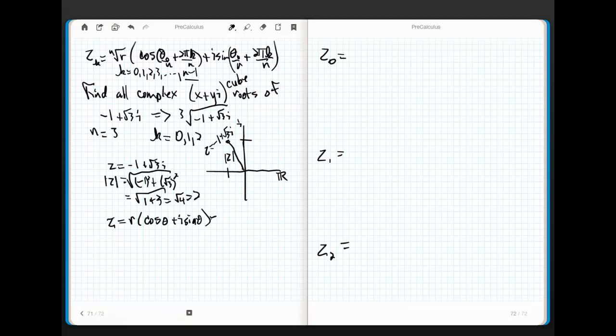So I'm going to divide out r. Remember, this guy is our r, so I'm going to pull a 2 out. And then I'm going to multiply through, so really I'm dividing negative 1 by 2, so I get negative 1/2, plus root 3 over 2i.